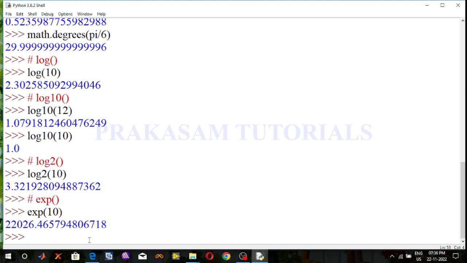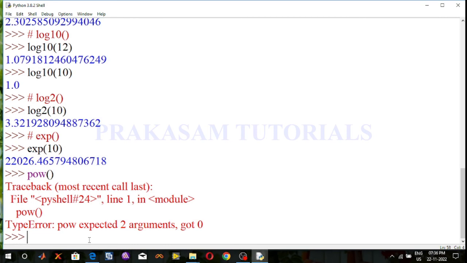Another important mathematical function is the pow method, which receives two float arguments and raises the first argument to the power of the second argument.